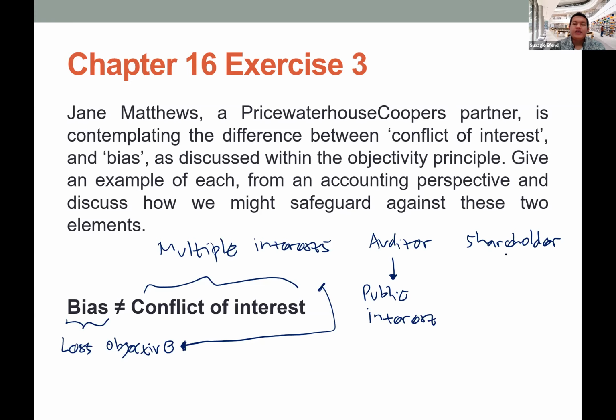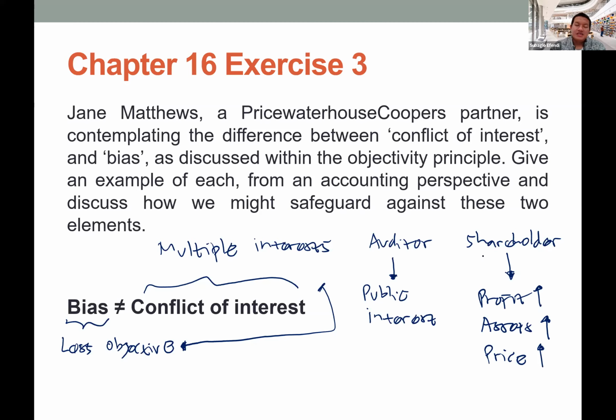But when he or she acts as a shareholder, he or she will have an incentive to report a higher profit, or higher total assets in the balance sheet. So the price of this share will increase, and then he or she could get some capital gain if he or she decides to sell the shares.